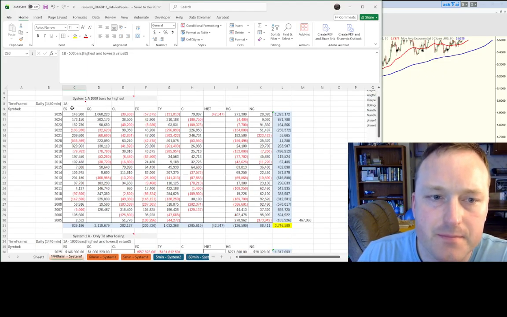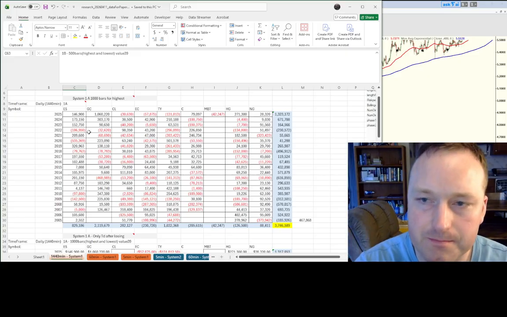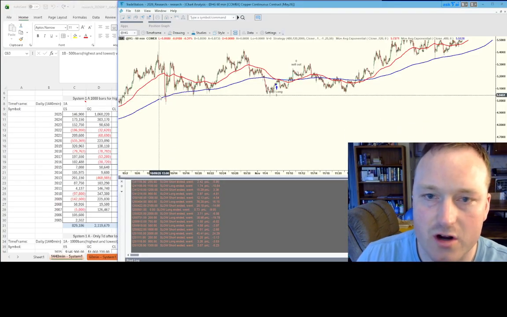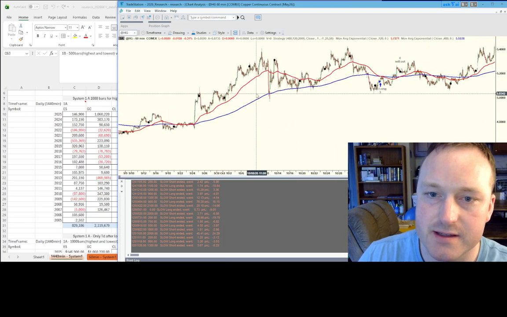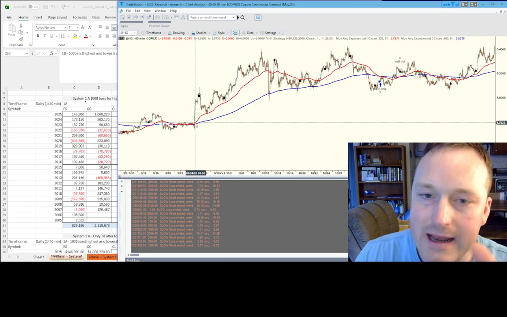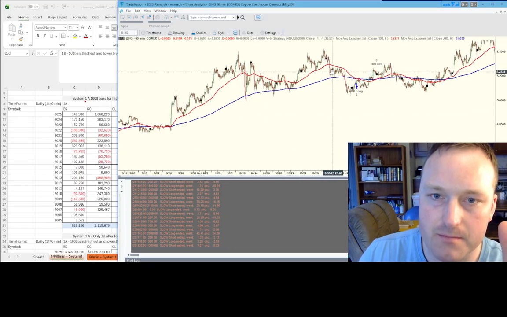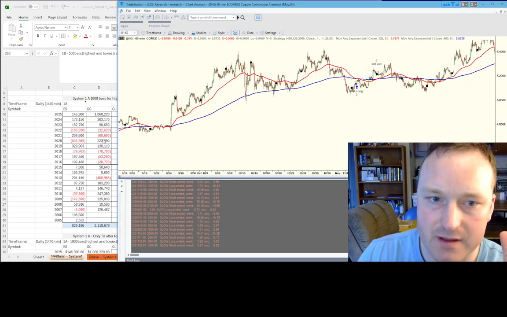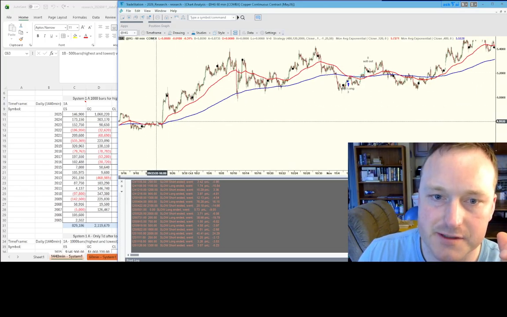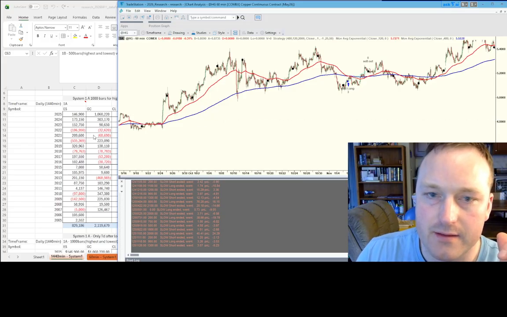And you can see this is a trend following system, just like the one you saw on the chart. And by the way, this is the system underneath it right now. Right now, I'm actually not doing the exact system, but whatever, it doesn't matter. I explained it, and that's what it does.